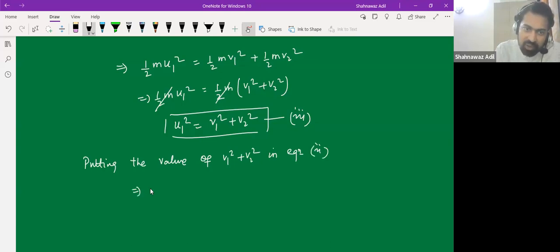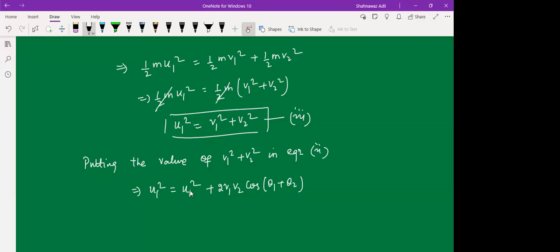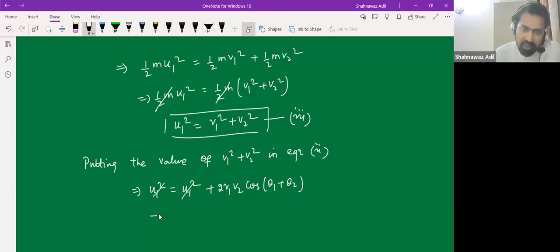So we have u1 square equal to u1 square plus 2 v1 v2 cos of theta 1 plus theta 2.